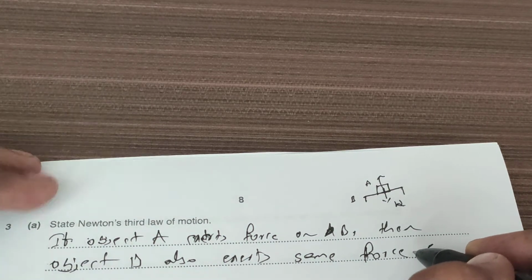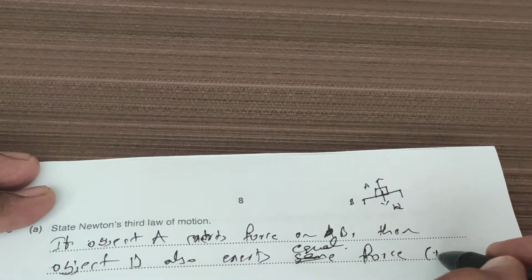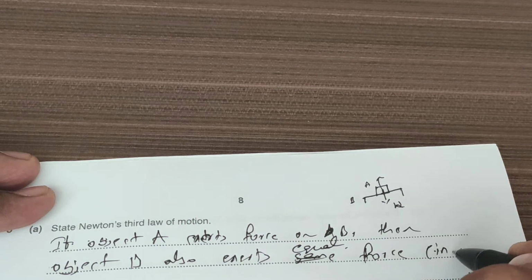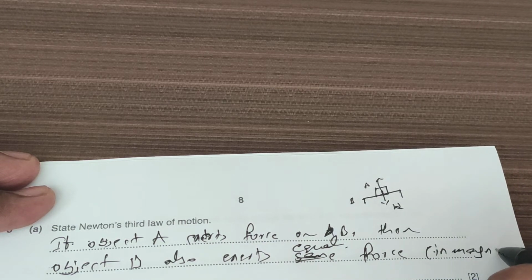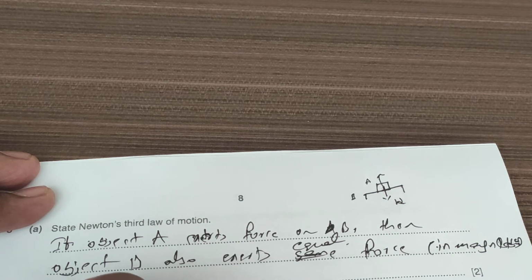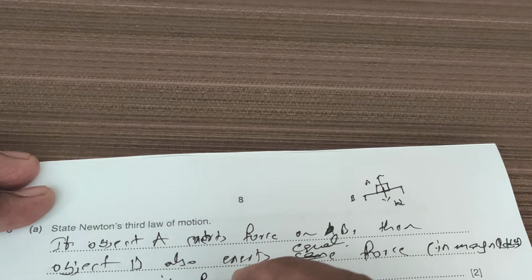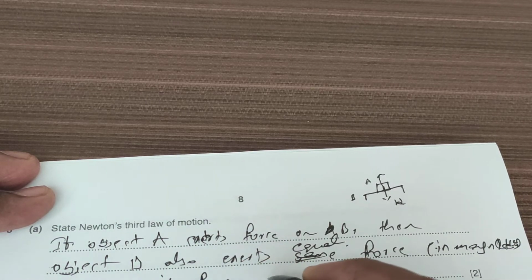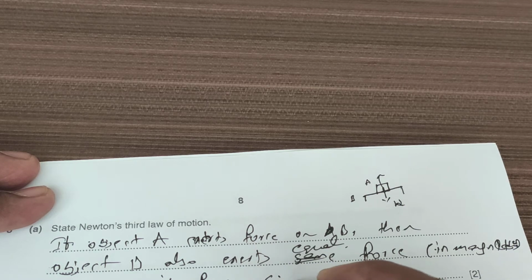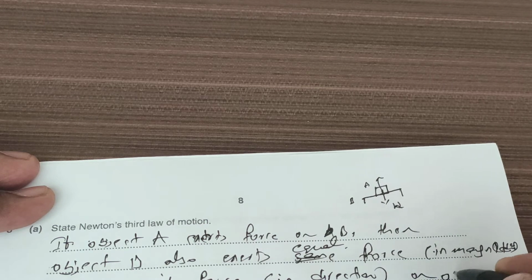So instead of same force, you can write equal force in magnitude, and opposite force, which means opposite in direction, on object A.